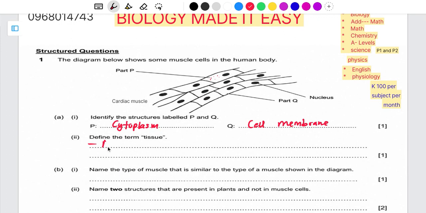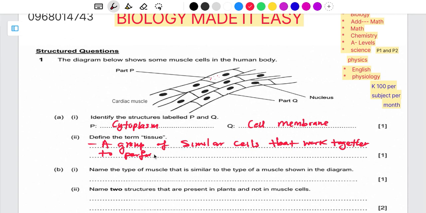So we can say a group of similar cells that work together to perform a specific function. That definition is for a tissue, but you can also define it in different ways.